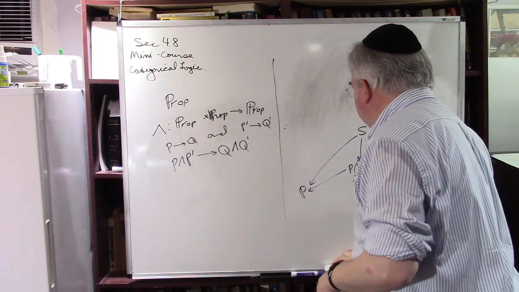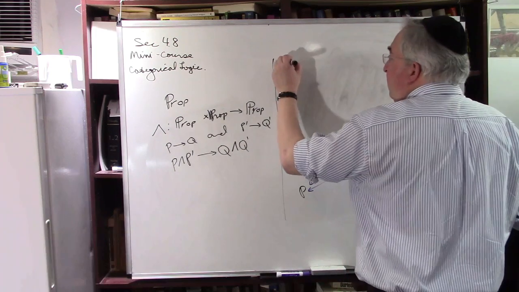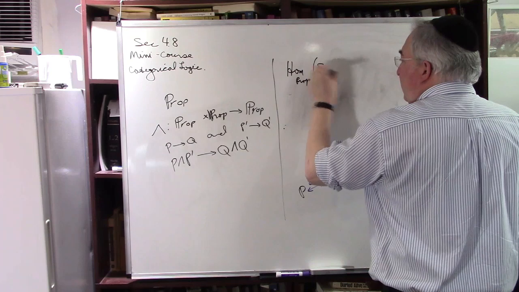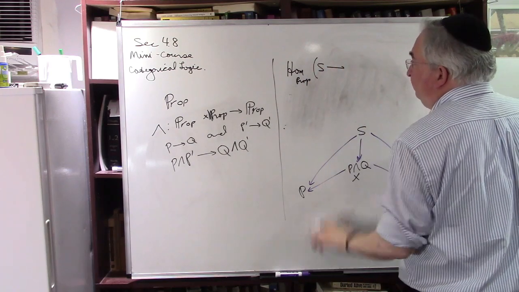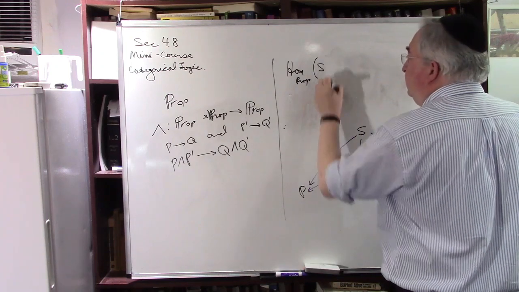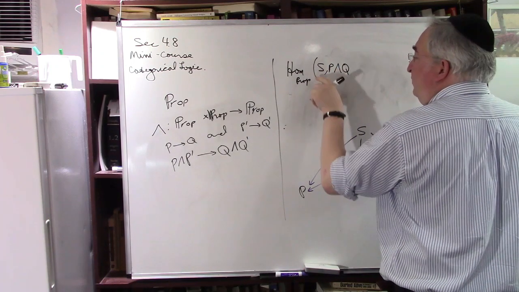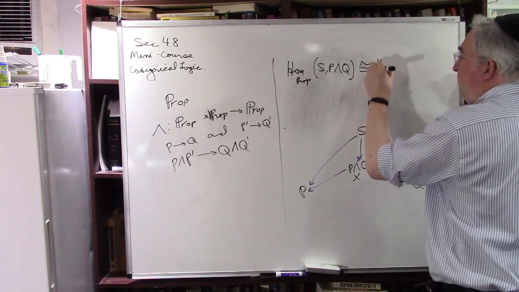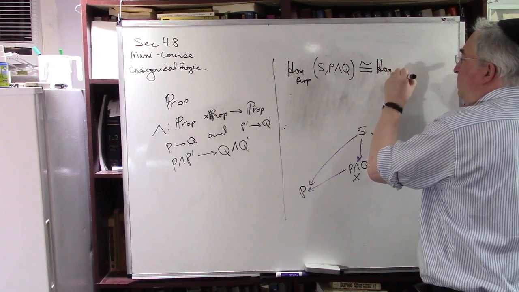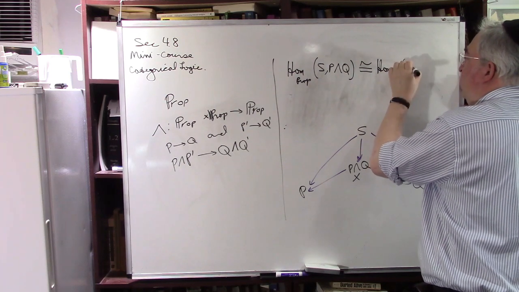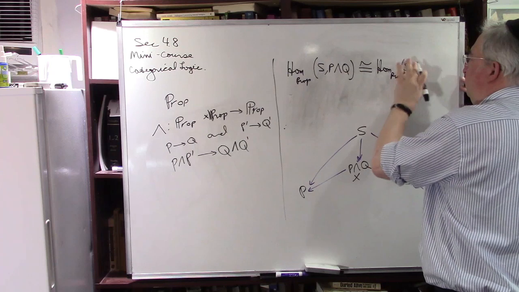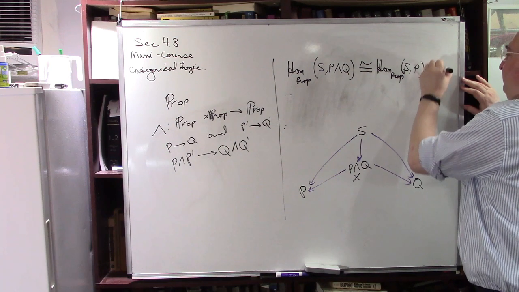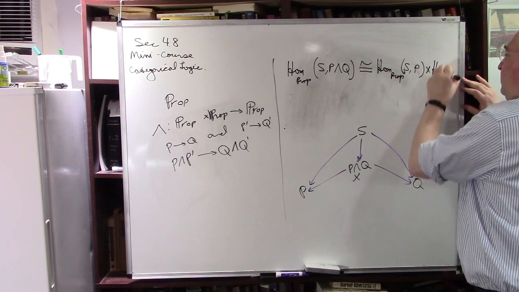It says as follows: hom in Prop, that's here, of S to P and Q. If there's a map from S to P and Q, that means there's a map from S to P, and there's a map from S to Q.